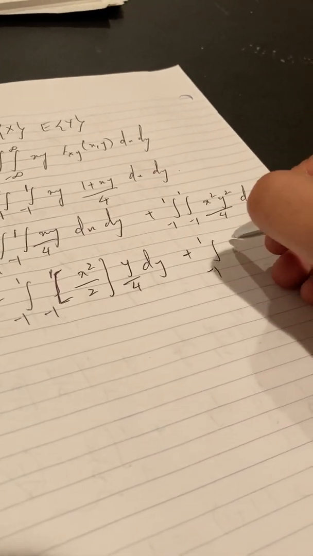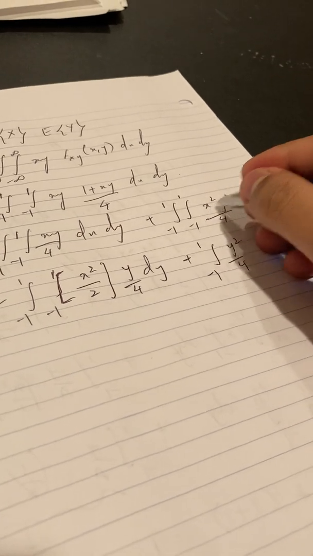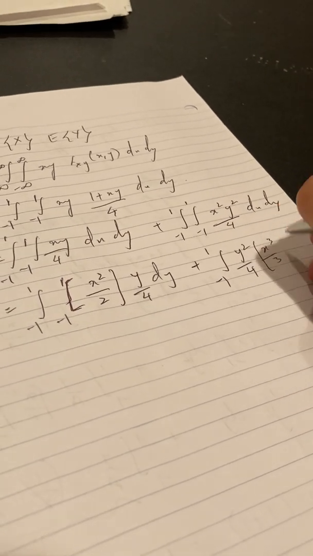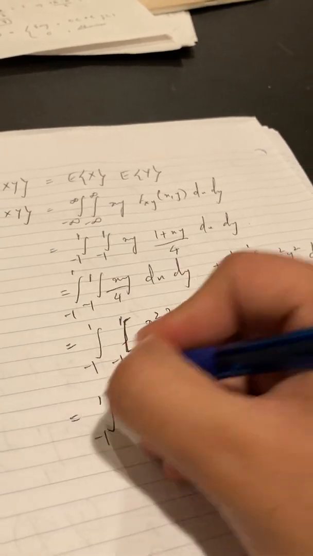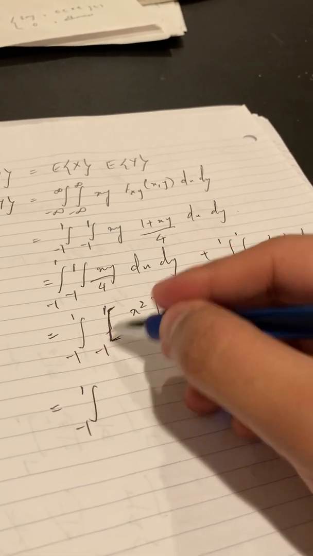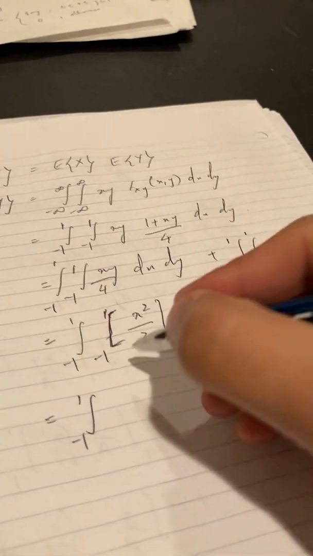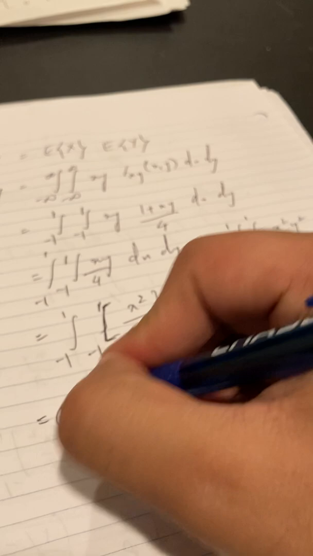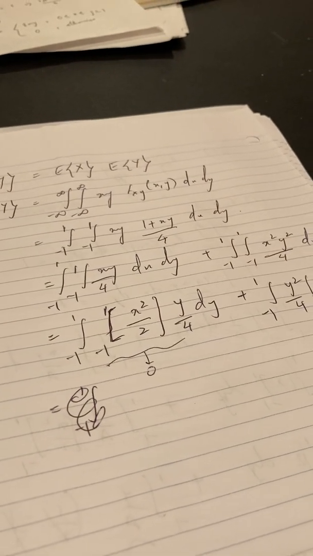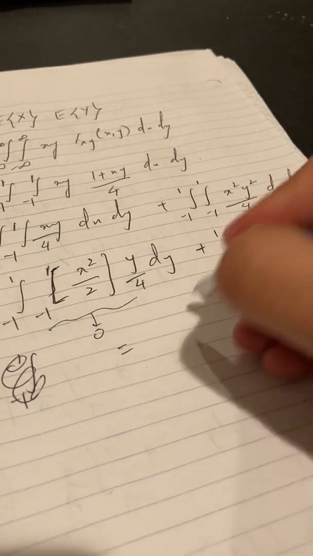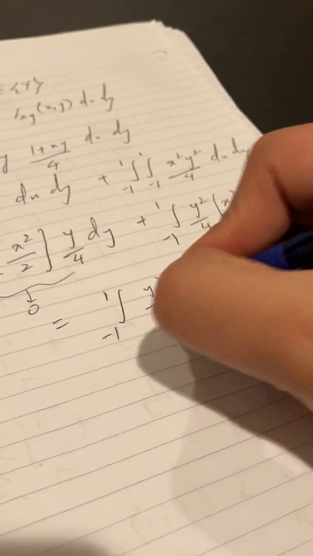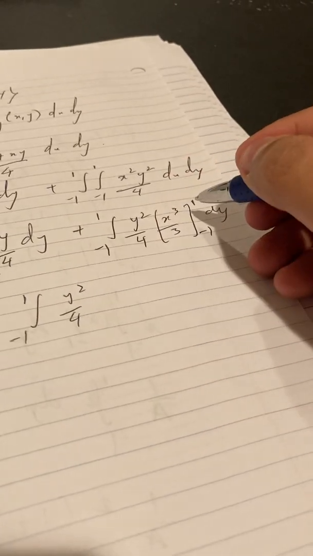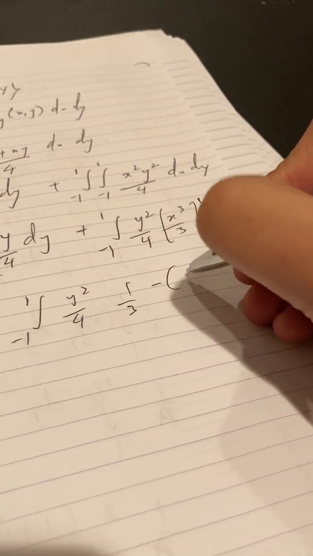Then for the second term, y square by 4, and the integral of x square is x cube by 3, between the limits minus 1 to 1, with dy. When I substitute 1 and minus 1 in the first term, it turns out to be 0, so we can ignore it because 1 by 2 minus 1 by 2 is 0. Let us calculate the second one: the integral from minus 1 to 1 of y square by 4 times 1 by 3 minus minus 1 by 3.